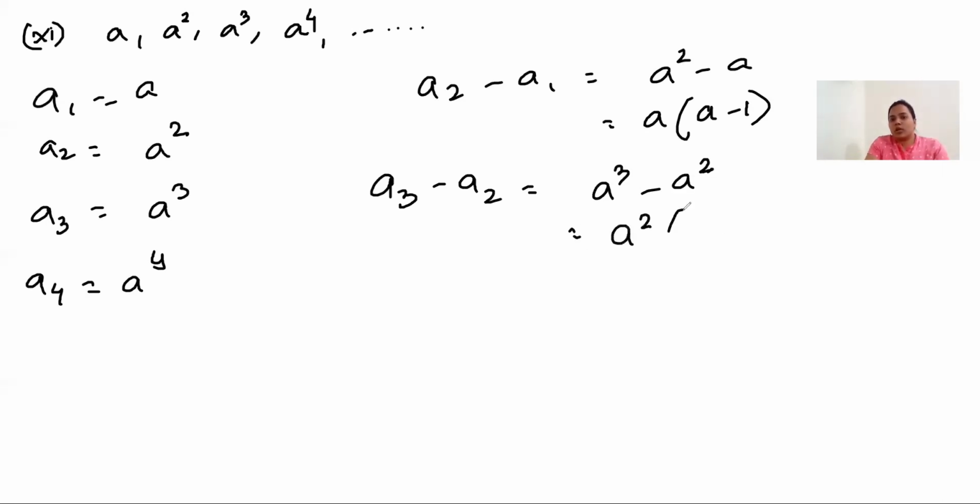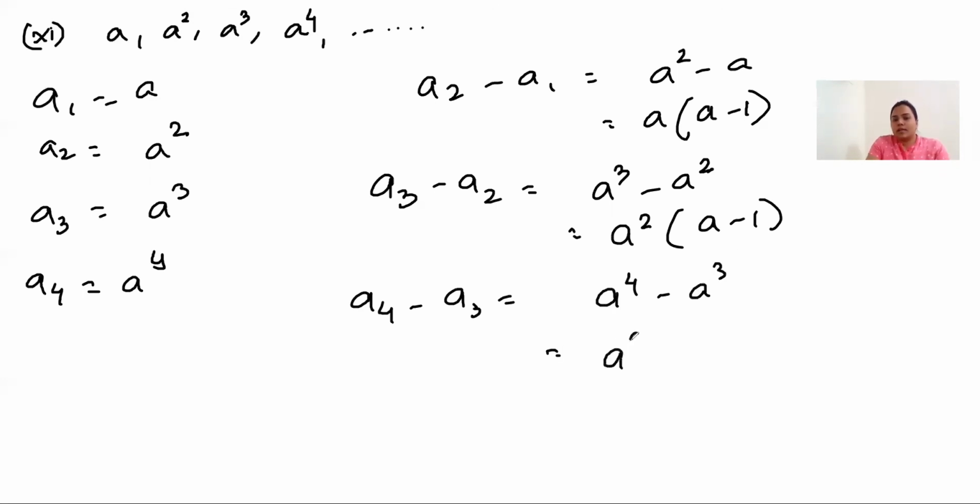I can take A square common, A minus 1. A4 minus A3 will be A to the power 4 minus A to the power 3. I can take A cube common. I will be left with A minus 1. This A minus 1 is same in all the cases, but this A square, A cube, this is not same. So the difference is not equal and it is not an AP.